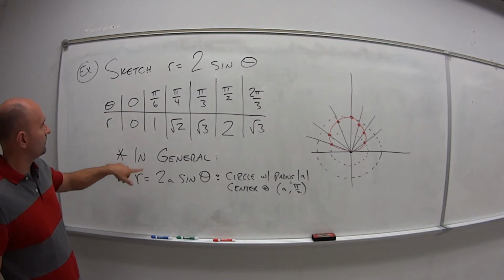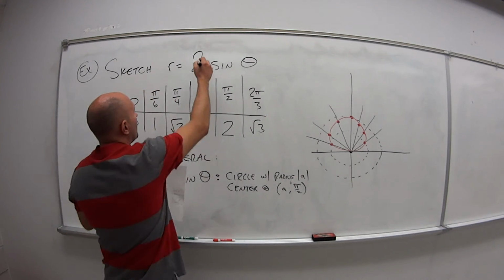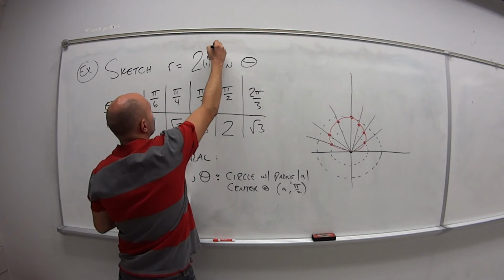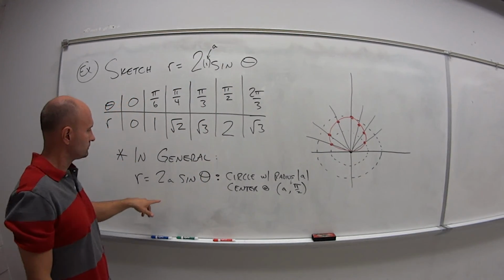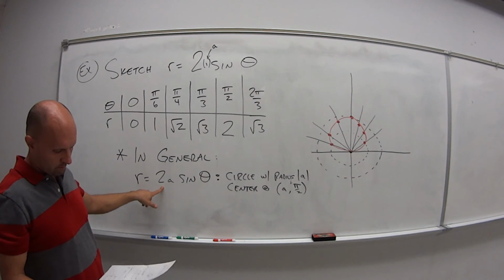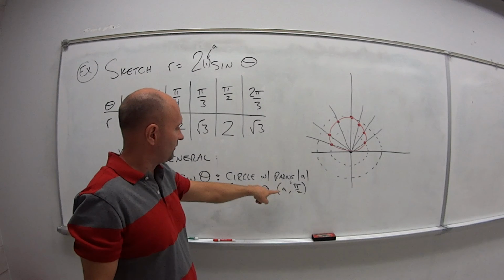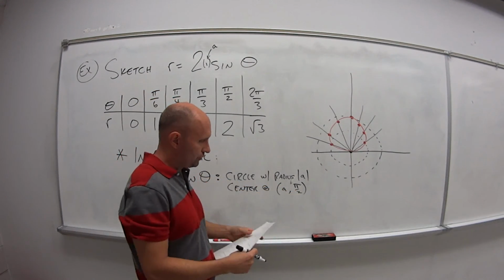So in this case, this was like 2 times 1 times sine of theta. So our a in this case is 1.